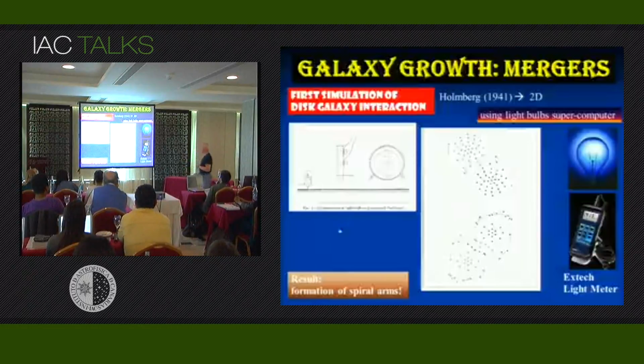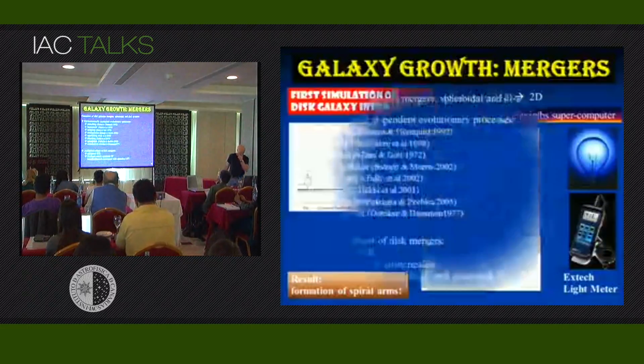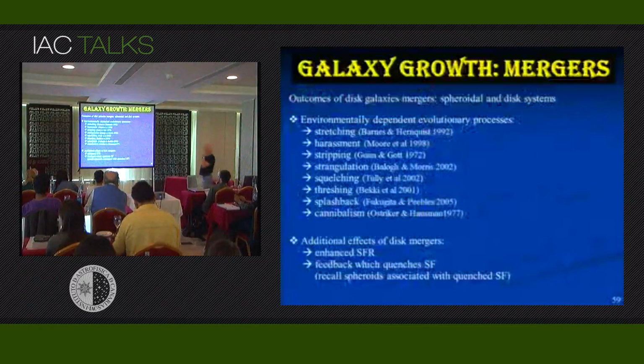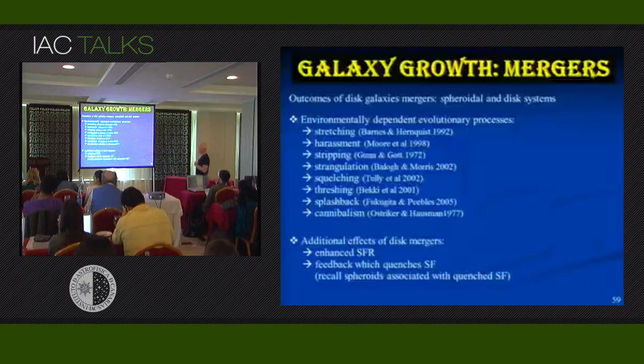In fact, he was using the idea that the intensity of light goes as 1 over r squared, exactly as gravity, and was running from bulb to bulb, measuring the intensity of light. The scientific result, which he wrote in his paper, was that when galaxies interact tidally, this will generate spiral arms.